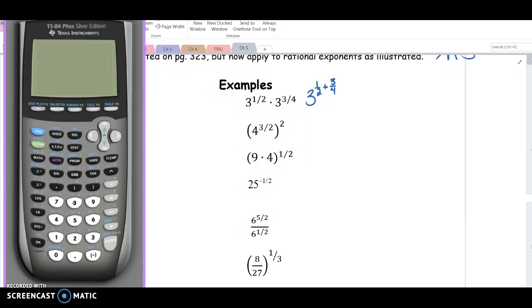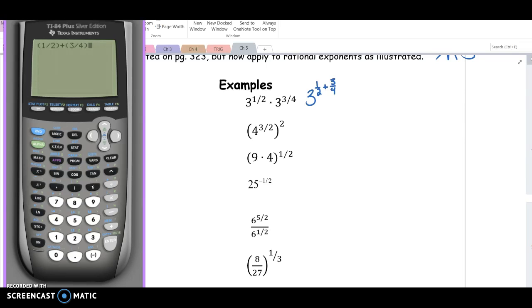So to add 1/2 and 3/4, parentheses, 1 divided by 2, close your parentheses. You just entered the fraction 1/2 into your graphing calculator. Plus, parentheses, 3 divided by 4, close your parentheses. Now, if you hit enter right now, you're going to get a decimal for your answer. And you don't want a decimal, you want a fraction.